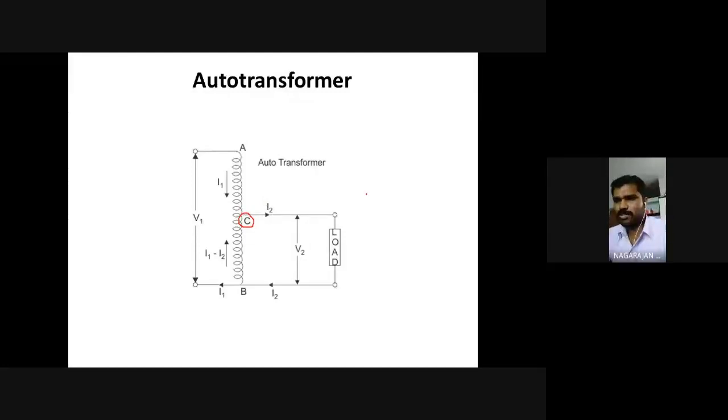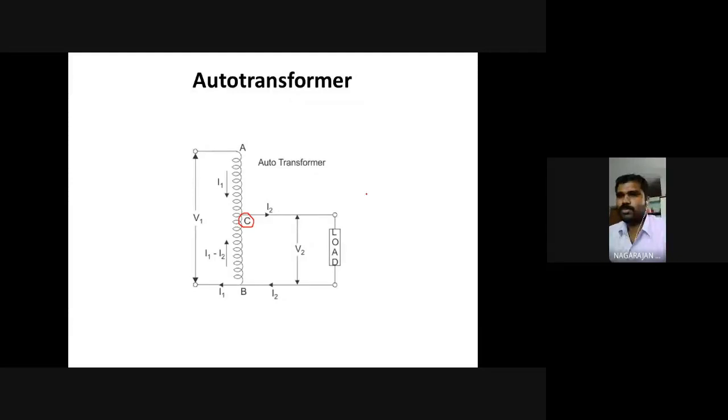Already we have studied in the first unit that based on number of turns, the load will be receiving a voltage. If a transformer's primary has more turns compared to the secondary winding, then the transformer is called a step down transformer. For a step up transformer, the primary winding will have fewer turns compared to the secondary winding.